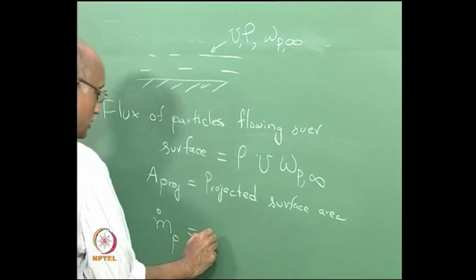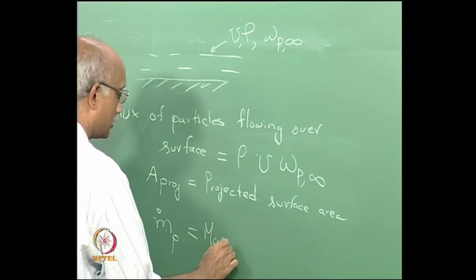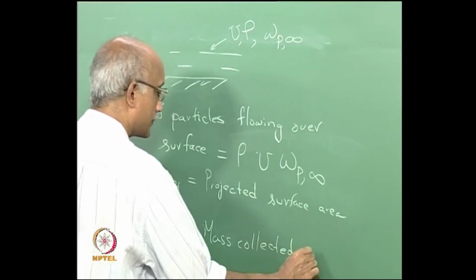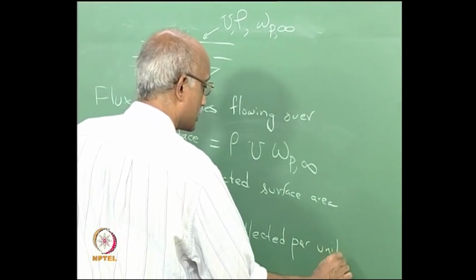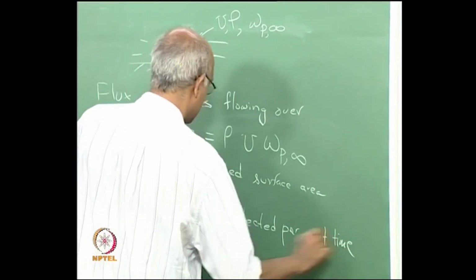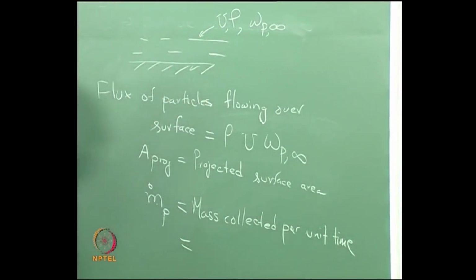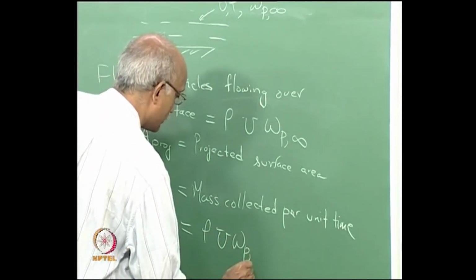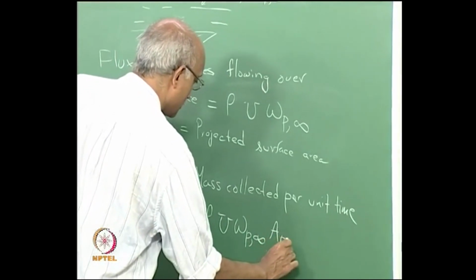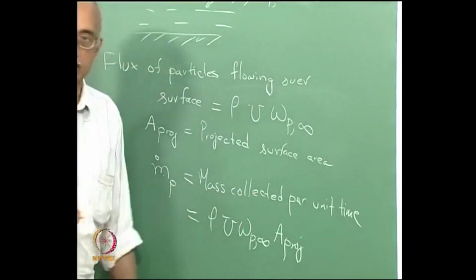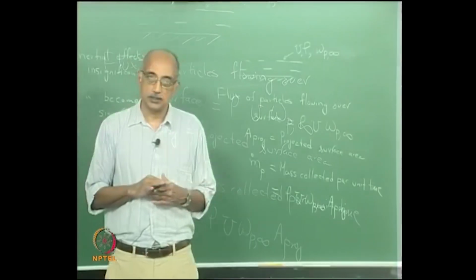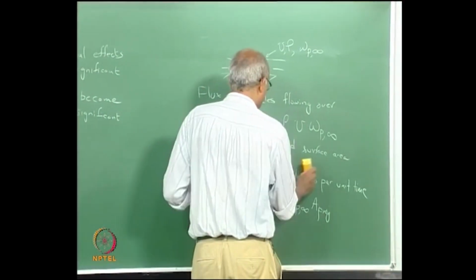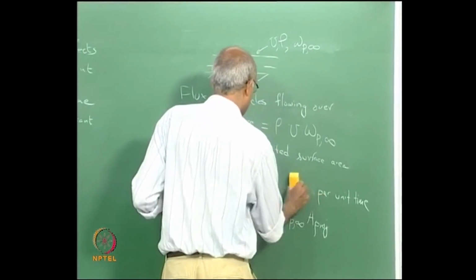So this is mass of particles collected on the surface per unit time will be simply equal to rho times u times omega p infinity times the projected area, right. So this is the total, sorry, this is not the mass collected per unit time, this is mass flowing across the surface.